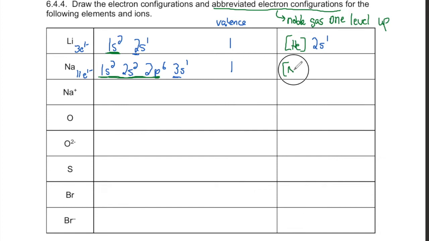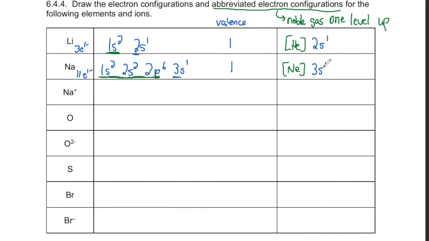So this can be abbreviated as the electron configuration of neon with 1 additional electron in the 3s orbital. So this makes it a little bit more clear that these elements have something in common. They both have 1 valence electron in addition to a full noble gas configuration.